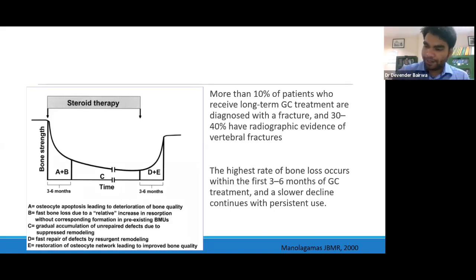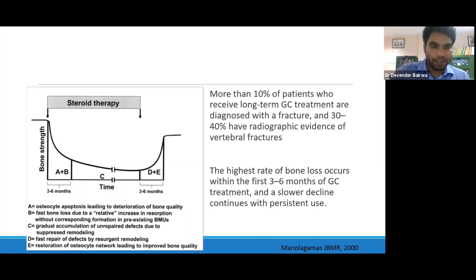In the early phase, there is an increase in the lifespan of osteoclasts. Once osteoclasts are long-living cells, they will form deeper lacunae, deeper pits in the trabecular bone. That is the reason why in the very beginning phase after the steroid therapy, the bone loss is maximum.